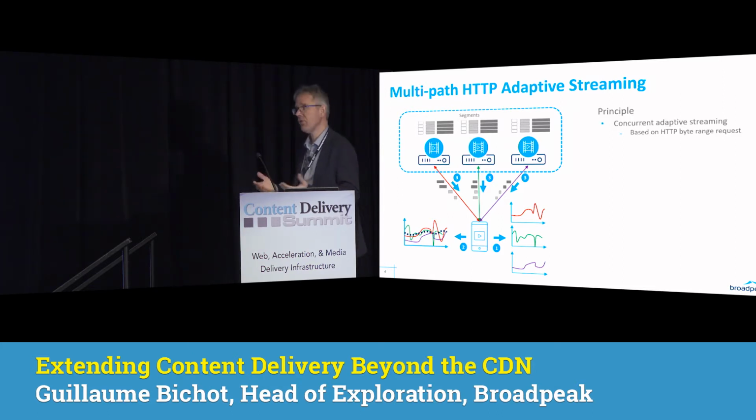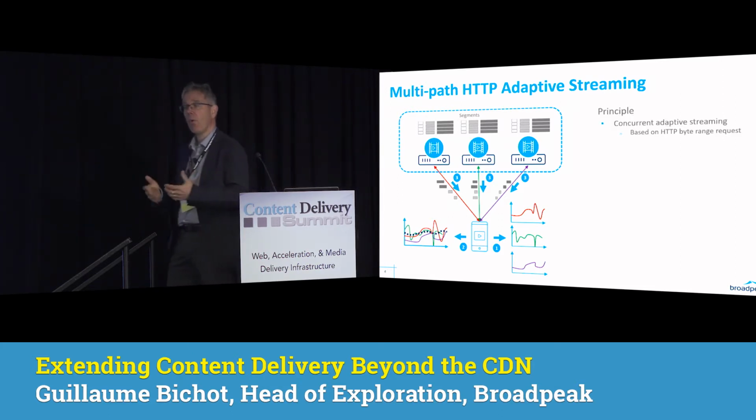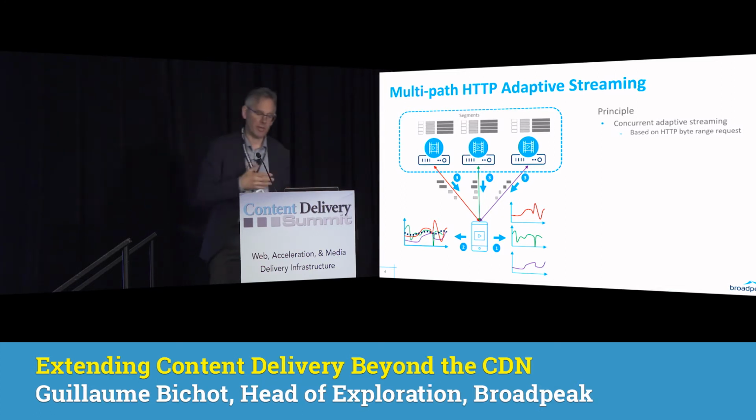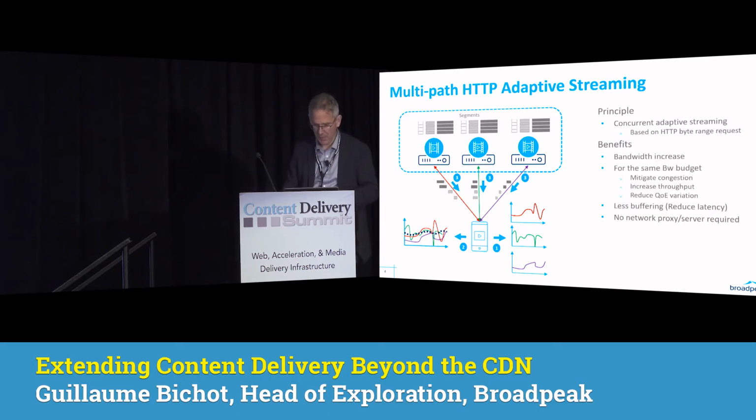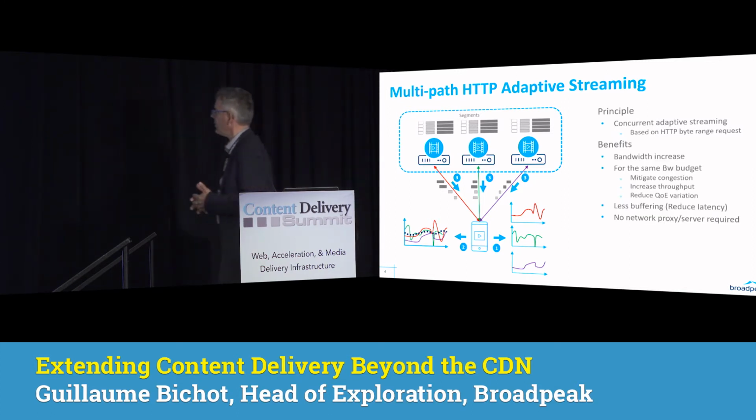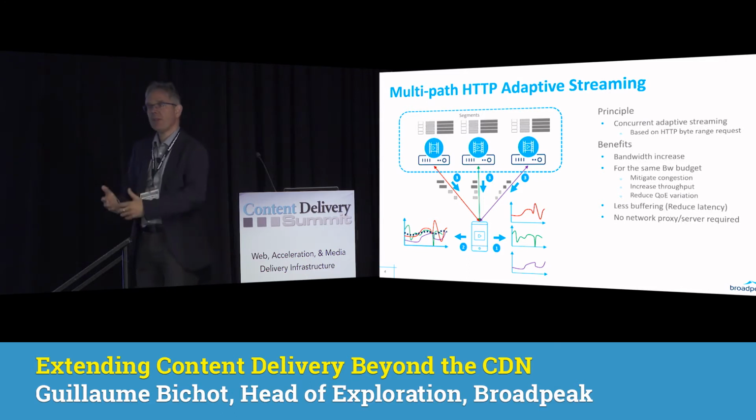So it's a cool technology. It inherits all the benefits that we already saw with simple monopath HTTP adaptive streaming. But in addition, you inherently provide a bandwidth increase. And even if you have exactly the same bandwidth budget, it mitigates congestion, right?